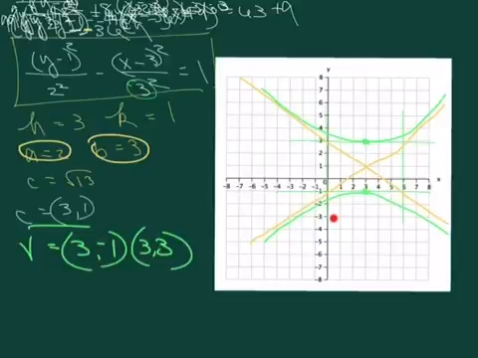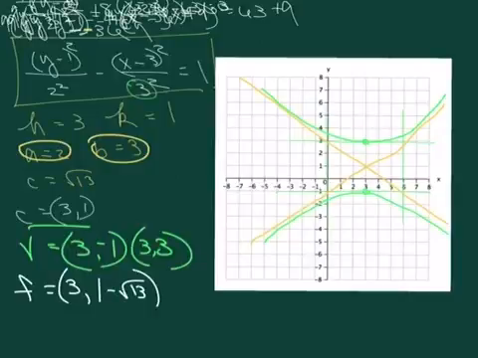We already did those. And the foci, again, it's going to be whatever h is, 3, and then the second point is going to be whatever k is minus c, 1 minus square root of 13, whatever the heck that is.